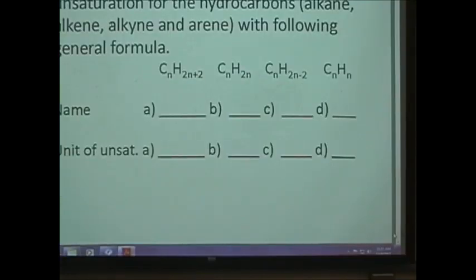Units of unsaturation. Do you remember that? What did I mean by units of unsaturation? It's kind of another phrase for bonding, right?